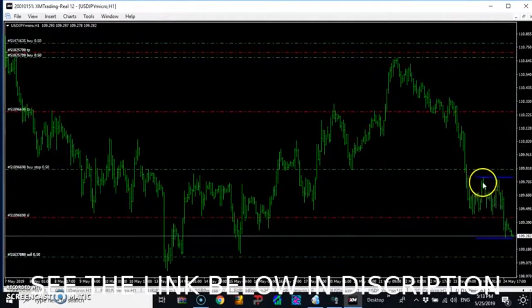When price touched this resistance, it bounced on support. Bouncing on support, it has gone up and came down, then now it will go up.